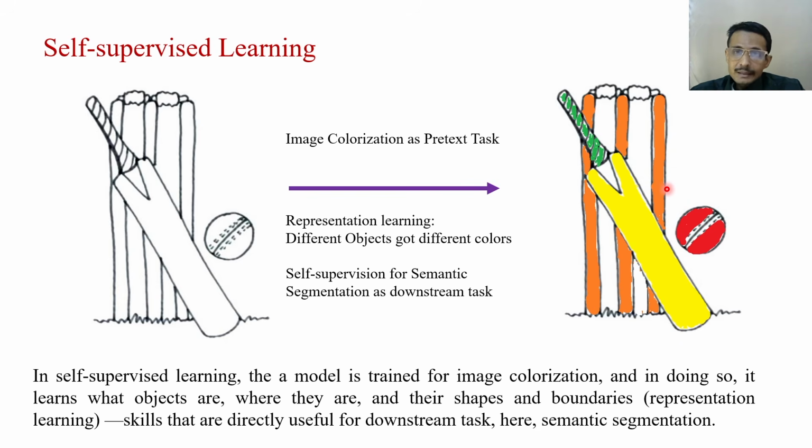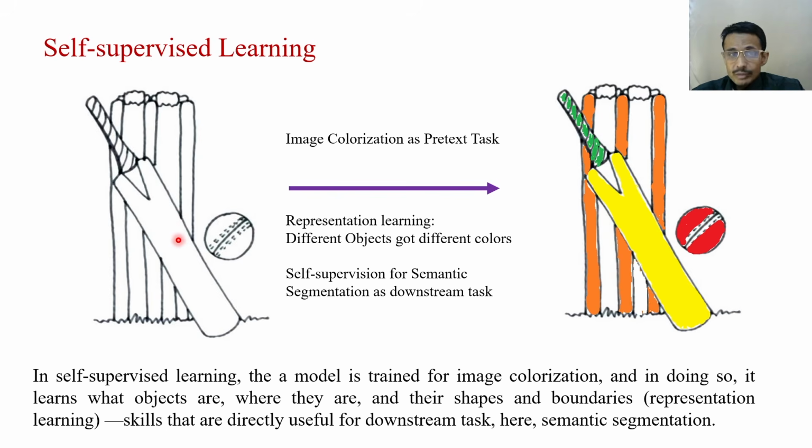What is important here is that this can be done very easily. Image colorization is a problem whose answer can be easily derived or is known. In self-supervised learning, the model is trained for image colorization, and in doing so, it learns what objects are. When we colorize, a different color is given to each different object.